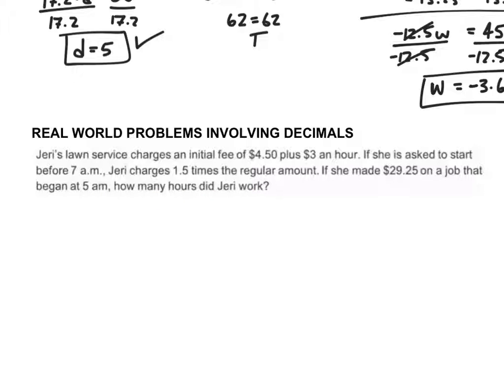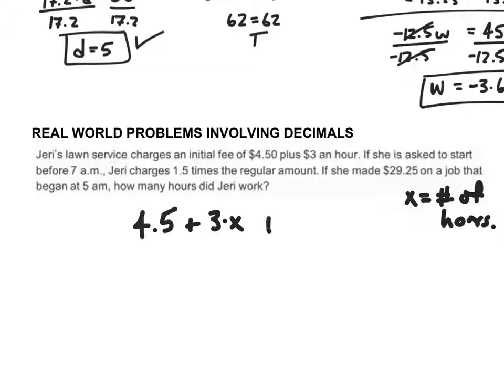On this problem, what we want to realize is that Jerry's Lawn Service does an initial fee of $4.50, plus $3 per hour. Let's let x equal the number of hours. Then, if she is asked to work before 7 a.m., Jerry charges 1.5 times the regular amount of work.